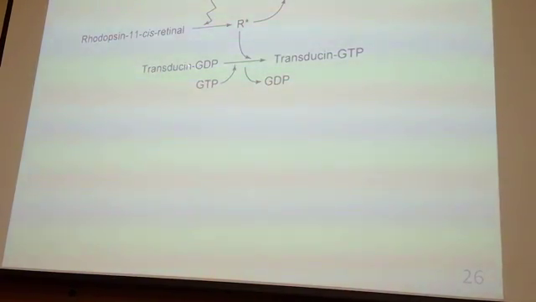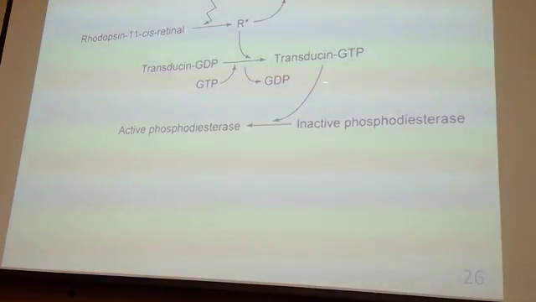This can then bind to transducin and coordinate the exchange of GTP. So it binds transducin, and there's an exchange of GTP with GDP exiting. Okay, transducin bound to GTP can then activate an enzyme called phosphodiesterase, converting it from an inactive form to an active form.